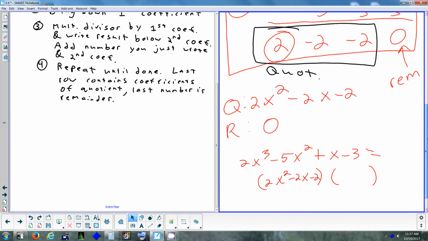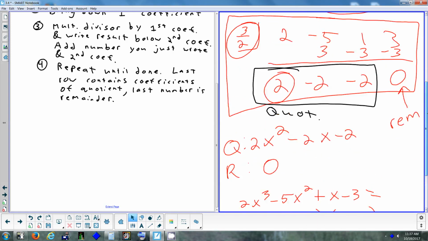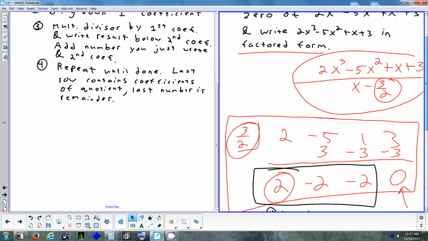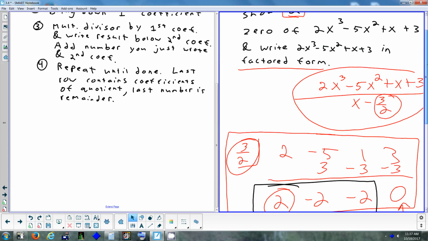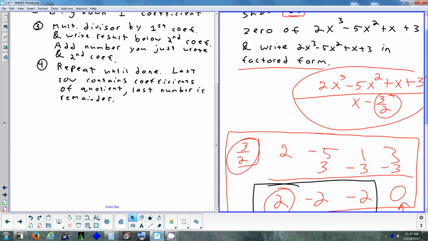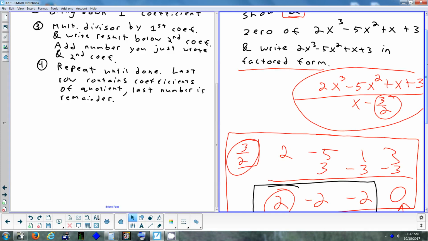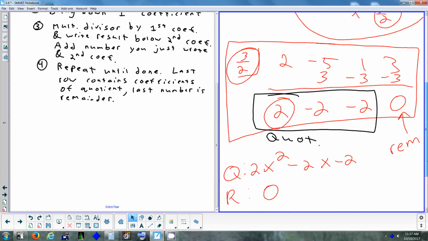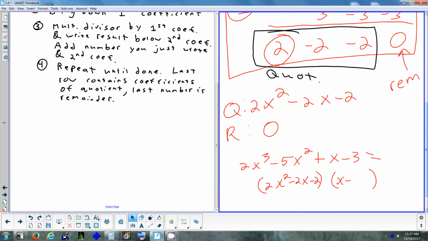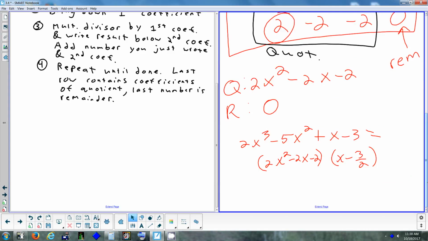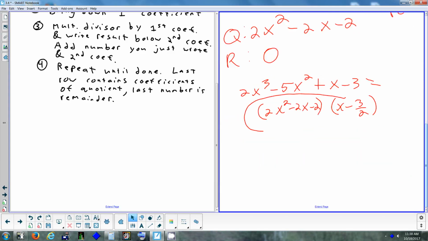What's the other factor of that? X minus 3 halves. Yeah, x minus 3 halves, because we divided it in with a remainder of 0. That's the other factor. So if you were going to factor this problem, that is how you would do it.